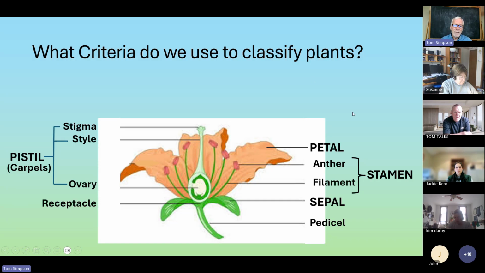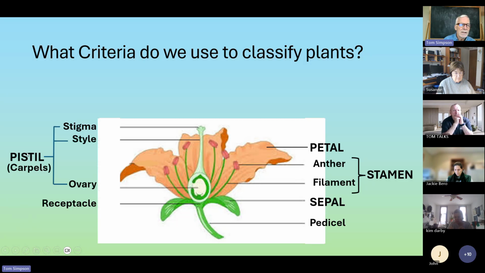And they all, if they have the part, it's always in the same order. The receptacle, I'll mention that again, is just the end of the stem where the flower is attached. The stamen is composed of a filament and an anther.